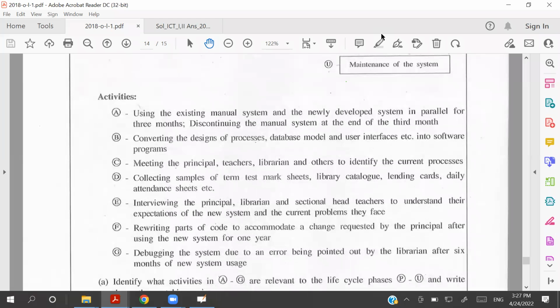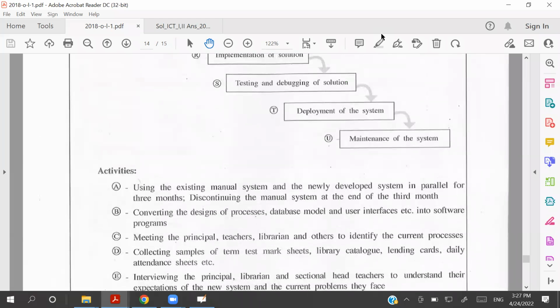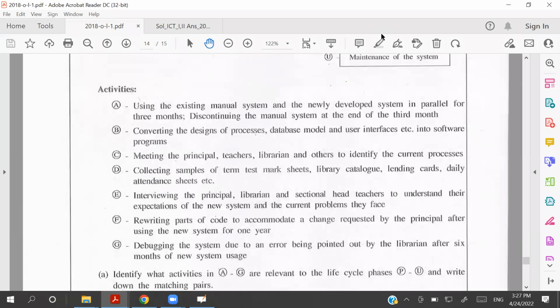For activity A, it is T. For activity B, it is R. For activities C, D, and E, it is P. For F and G, it is U.